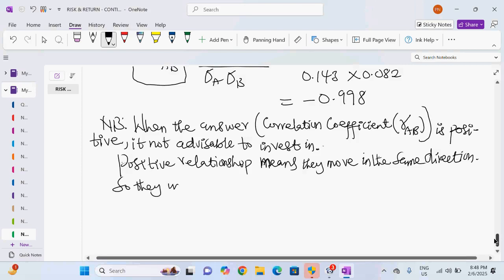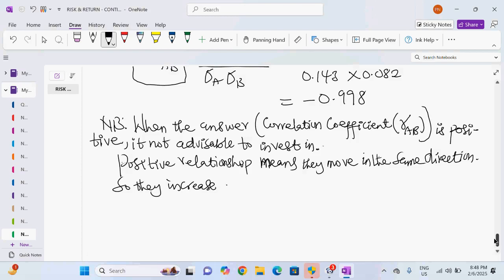So they increase at the same time and decrease at the same time.